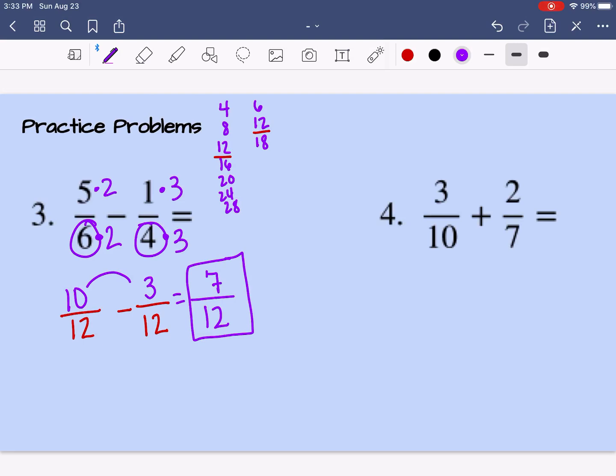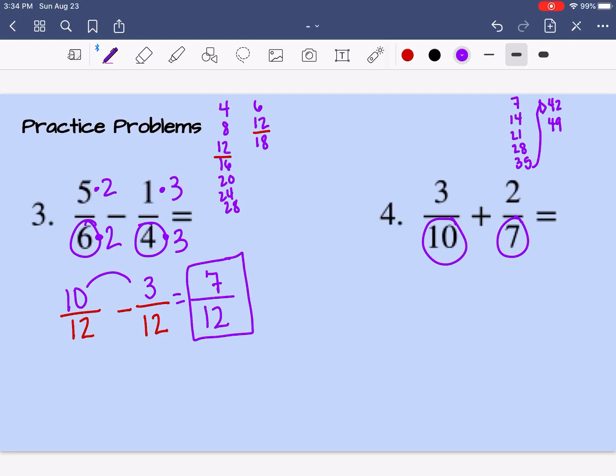Okay, on number 4. So I have a 10 and I have a 7. I'm going to go ahead and start listing my multiples for 7. So I have 7, 14, 21, 28, 35, 42, 49.